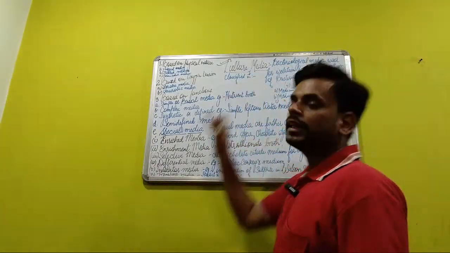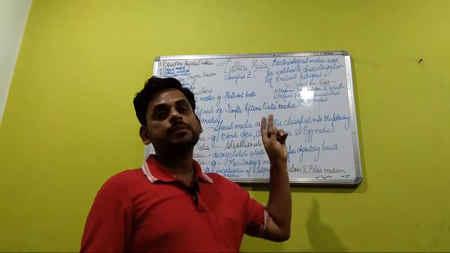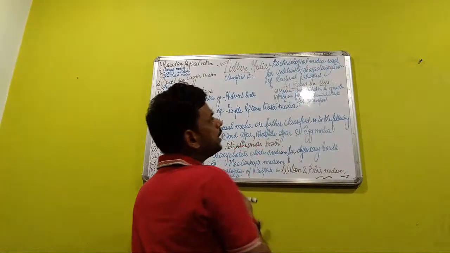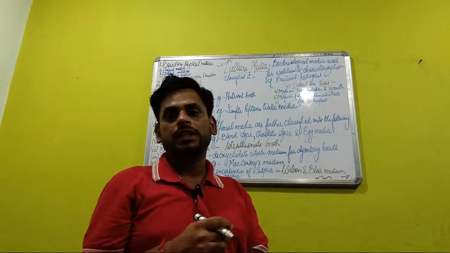So culture media, this is also called as growth media, and in microbiology this has been used, and it is defined as a bacteriological media used for isolation and characterization of bacterial pathogens.